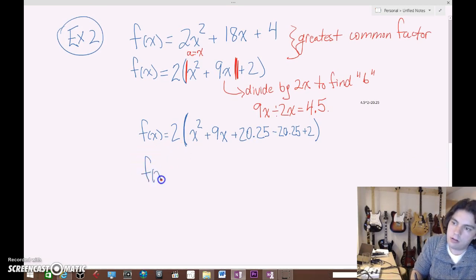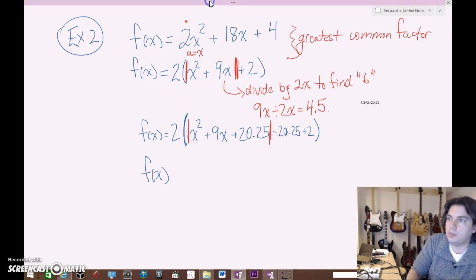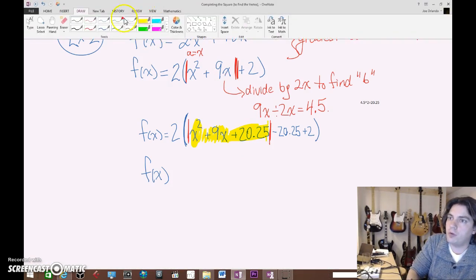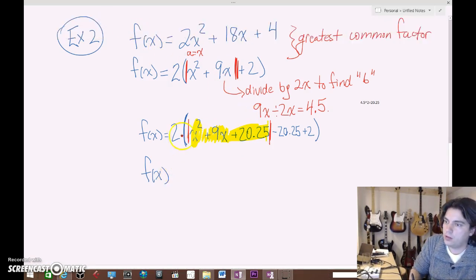Now, we're ready to remember that between here and here is the perfect square, because we have the a squared term plus the 2ab plus the middle term plus the b squared plus the last term. So we can put this into factored form by showing our perfect square. So this 2 stays out front, f of x equals 2, and now we open this.